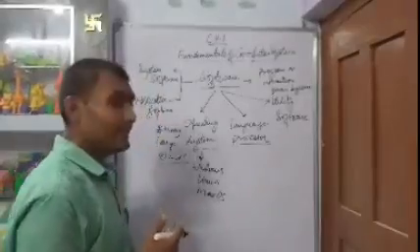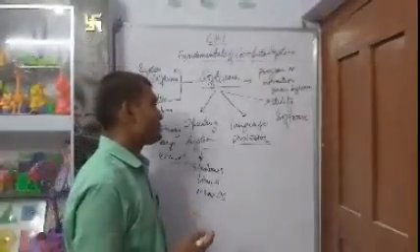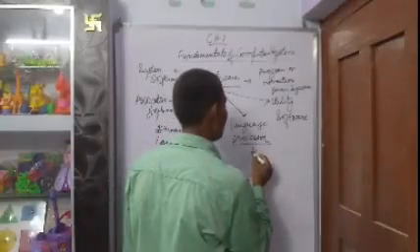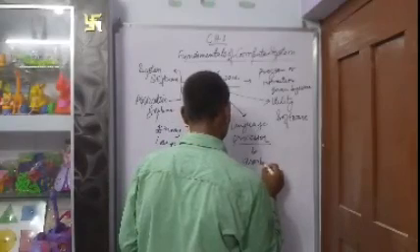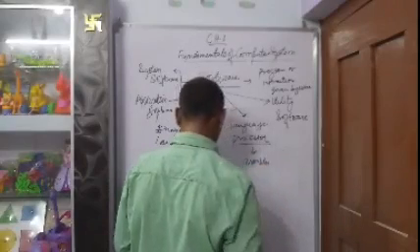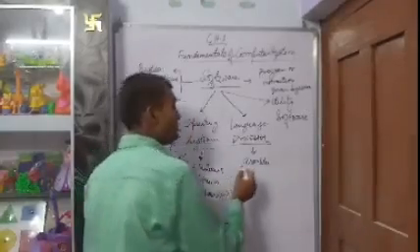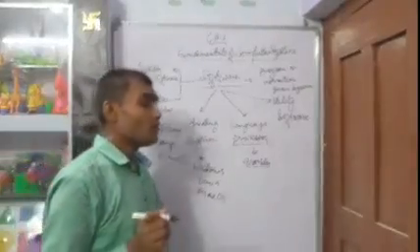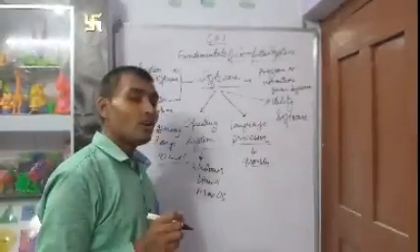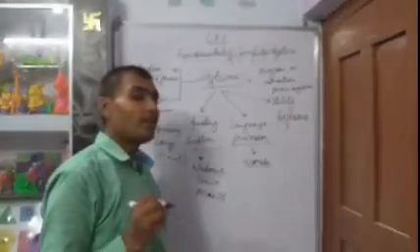In this category, the first language processor is the assembler. The assembler is that which converts assembly language into machine language.